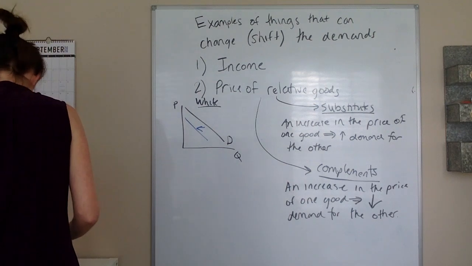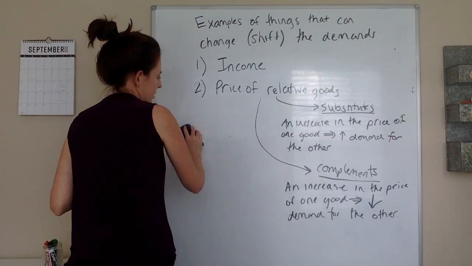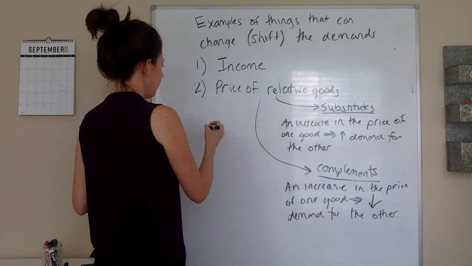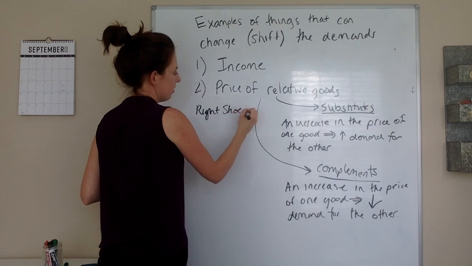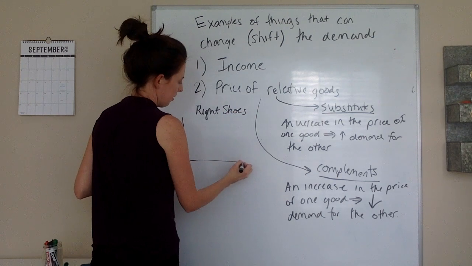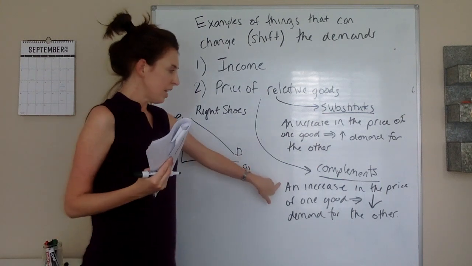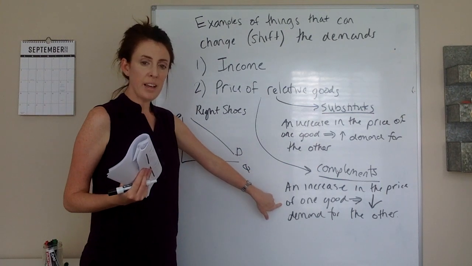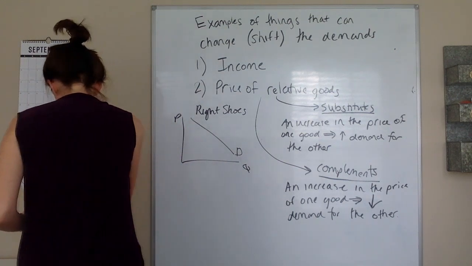Okay, so in the picture, suppose we're looking at the market for right shoes, and there's some demand curve for right shoes. If there's an increase in the price of left shoes, then what happens to the demand for right shoes?